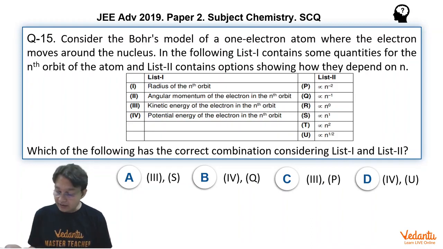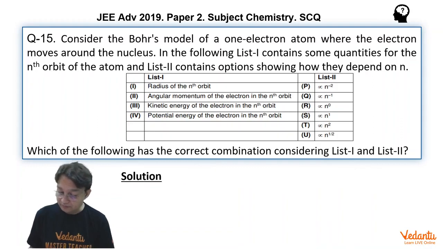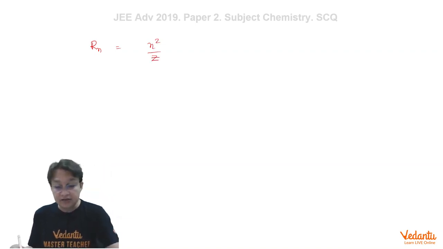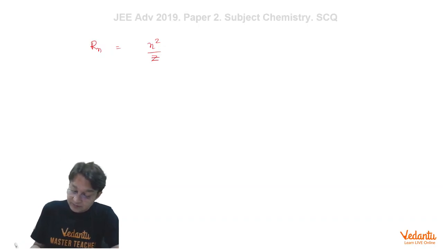So before you start, let us discuss how the radius of the nth orbit, angular momentum, and kinetic energies depend on n, the principal quantum number. We know that in hydrogen-like species, the radius in the nth orbit is given by n square upon Z, multiplied by a constant which is 0.529 Angstrom.